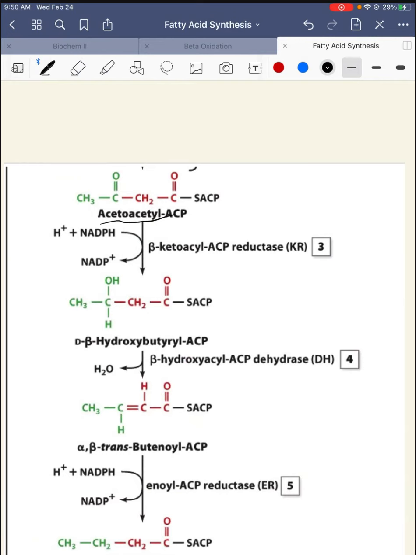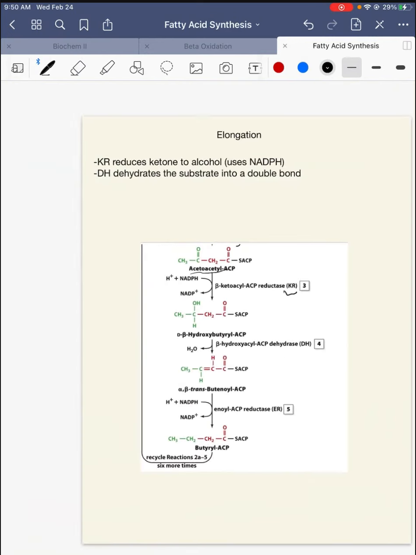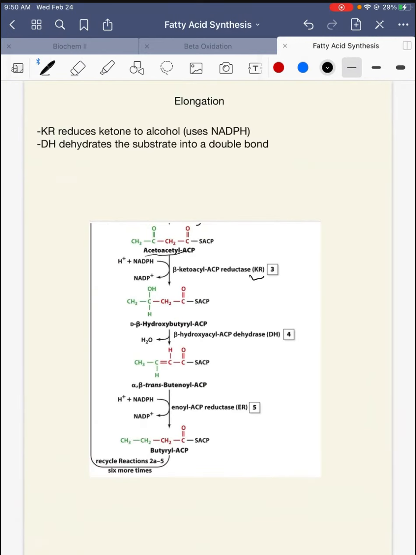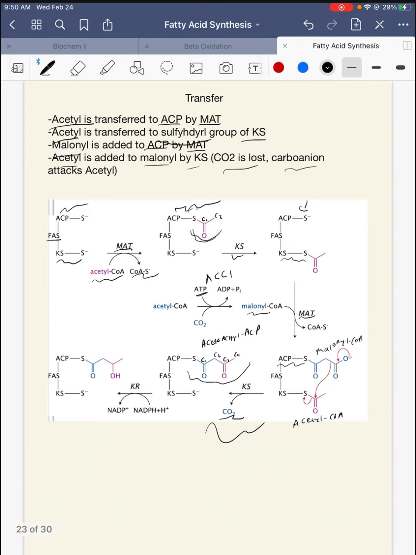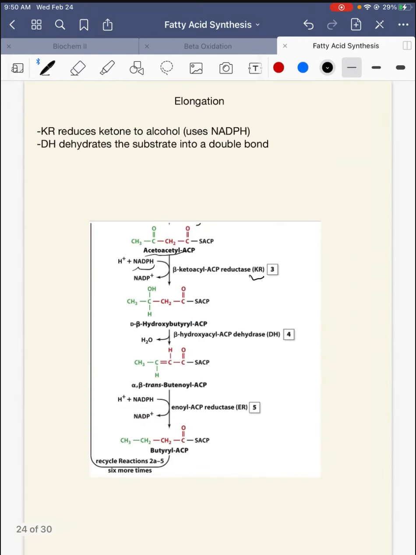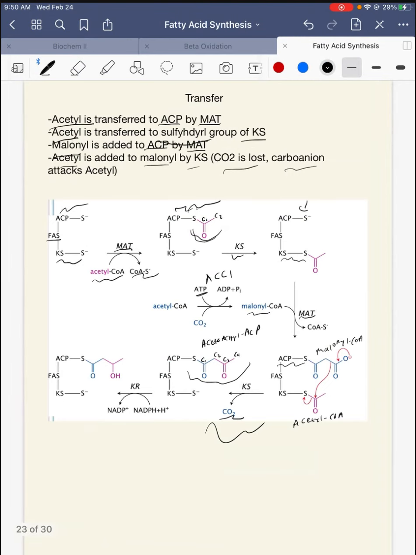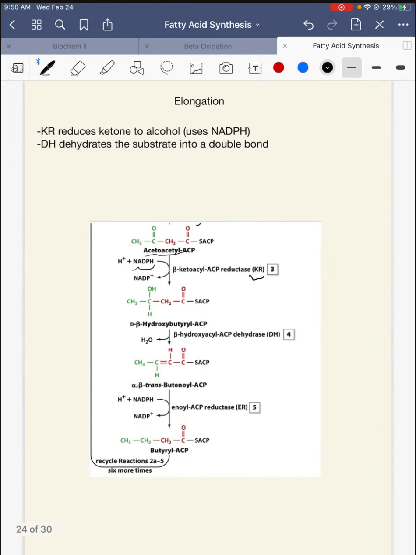ACP. KR comes in, will reduce, and this is the first enzyme that uses NADPH. All the ATP is used by ACC1. So when we give the overall reaction, remember we said we need a lot of ATP and a lot of NADPH. All the ATP is used by ACC1, and all of the NADPH is used in these two reactions here.